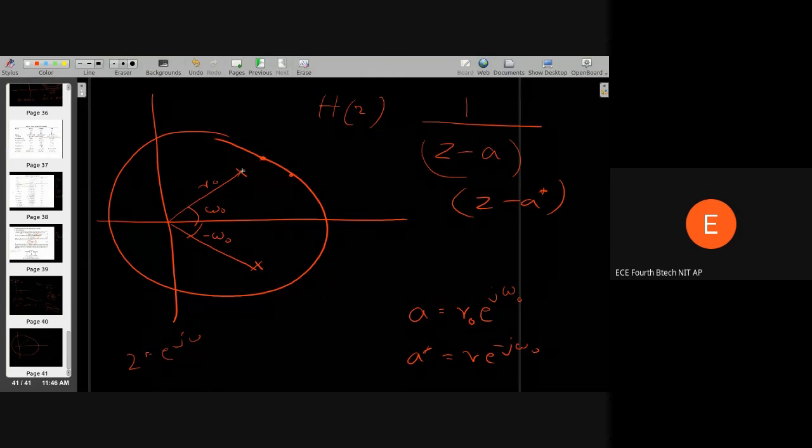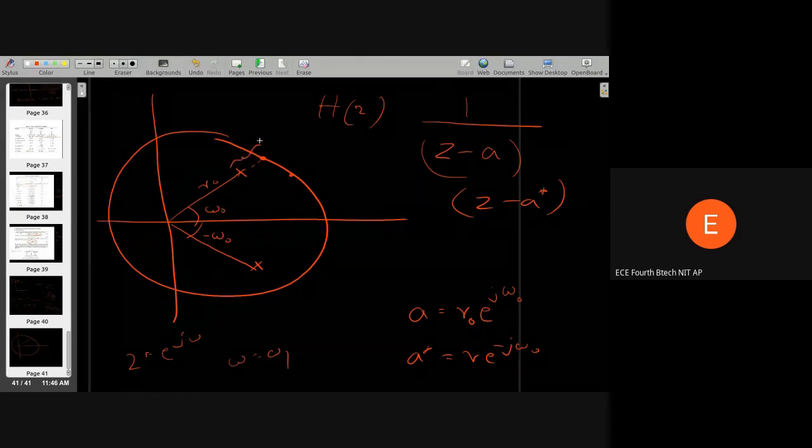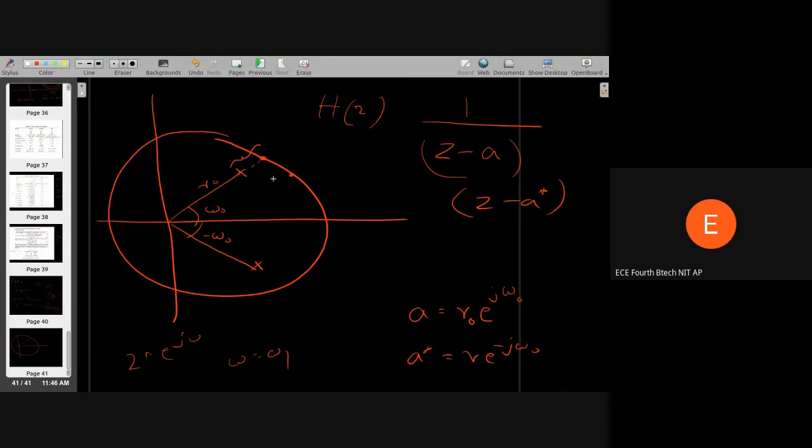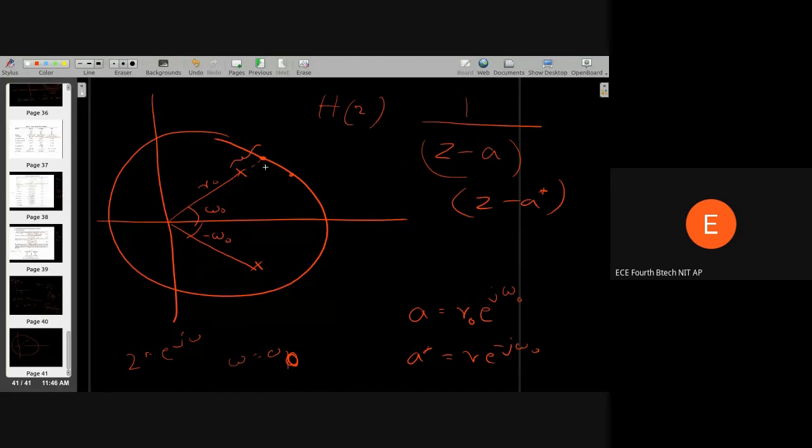Now let's imagine omega equal to omega naught. Then z minus a is this distance, and z minus a star is this distance.